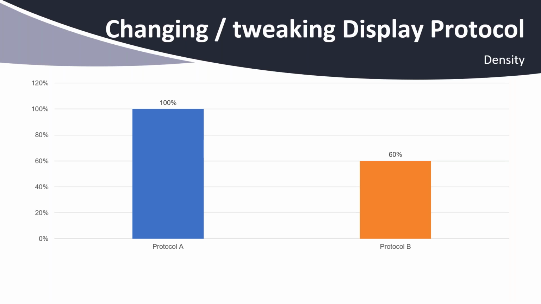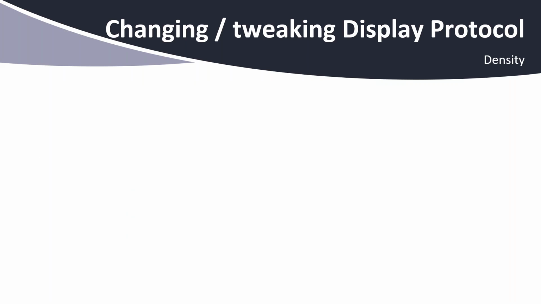So you can imagine on the left side, you have a protocol that's optimized for video streams and video intensive workloads. And the right protocol, protocol B, is optimized for text. You can see really a difference in density there. So tweaking is always a good option.